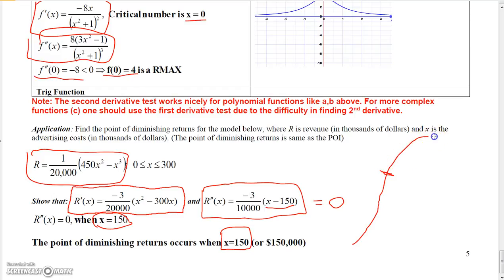It's going to continue to go down, and obviously you want to sell before the value of the stock starts dropping. So that's pretty much it on concavity and points of inflection. We'll look at some other topics in the next video.